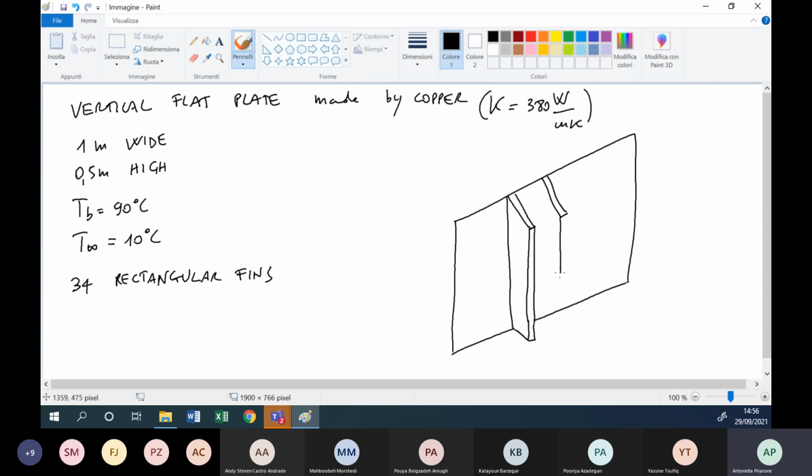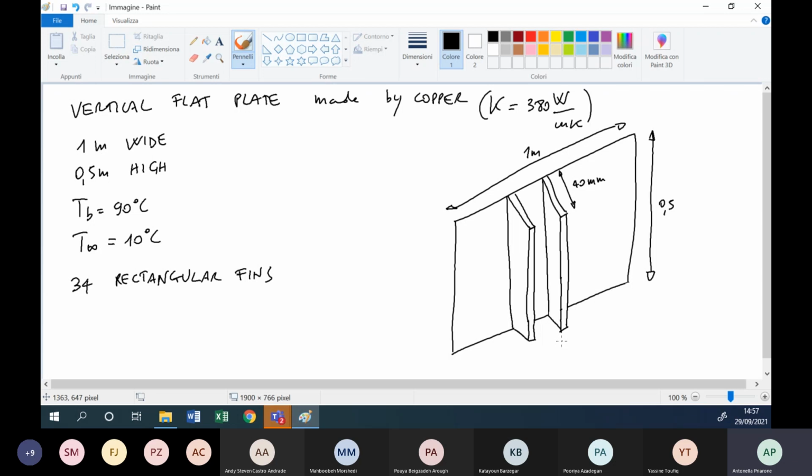So the quality is not so good, but please wait. And this one is 1 meter. This one is 0.5. This one is 40, again, not scaled, obviously.